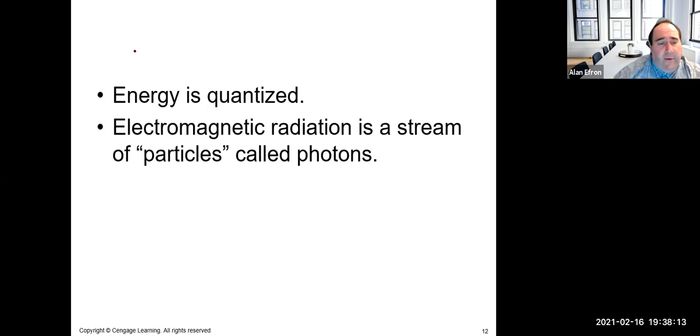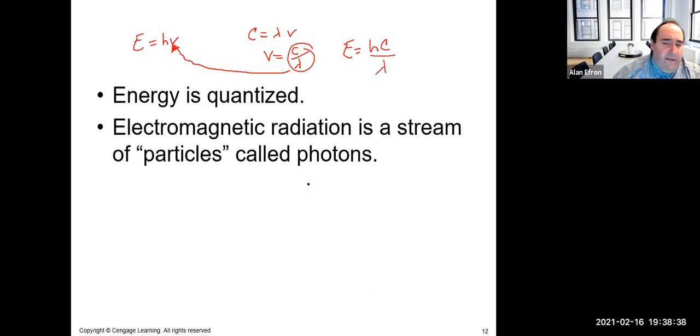So if we take the one we just saw, which is energy is h times the frequency, and c is the wavelength times the frequency, if we solve for the frequency, which is c divided by the wavelength, we can substitute this into this equation, and we get E is equal to hc divided by the wavelength.